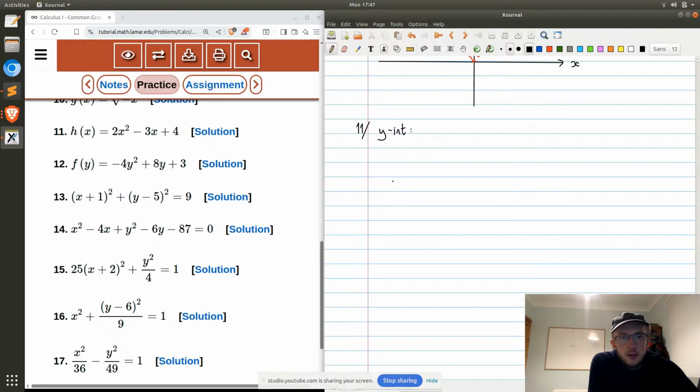But look, the discriminant is 9 minus 32, which is negative 23, which is negative. So it has no roots at all. It's floating above the x-axis. The y-intercept is 4.